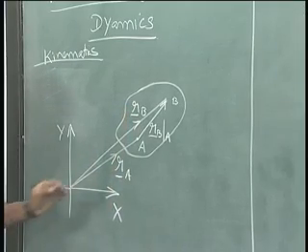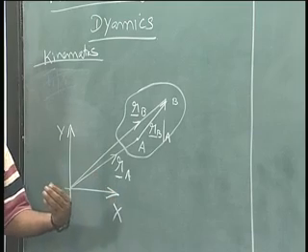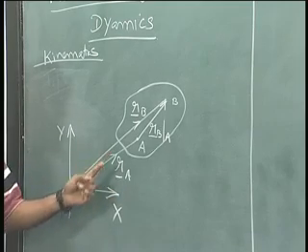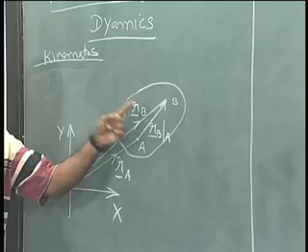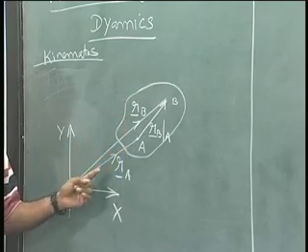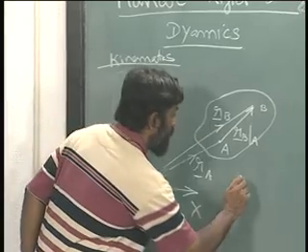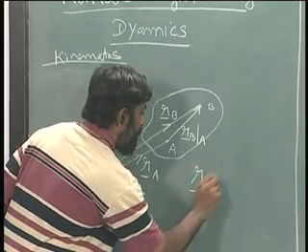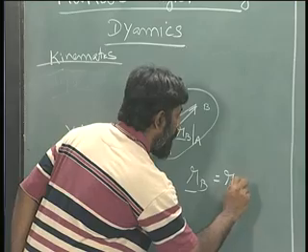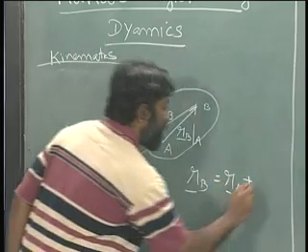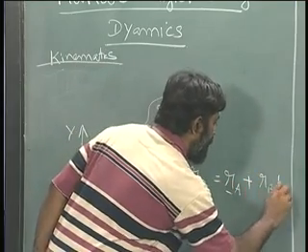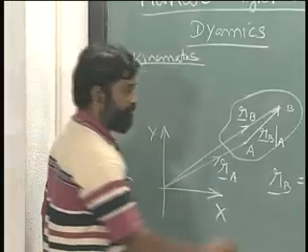We realized in the earlier module that the relationship between these locations are in terms of the vectors. That is, the location of B is equal to location of A plus the location of B with respect to A, simple.